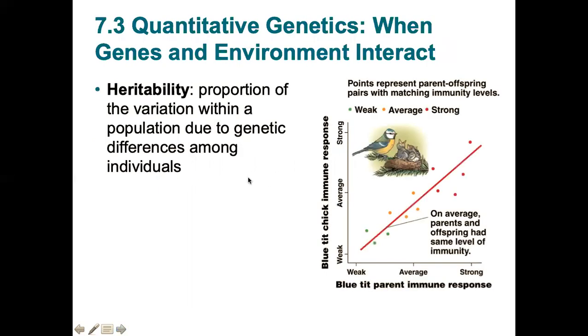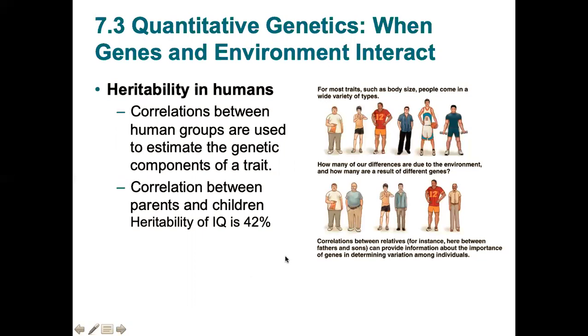Now, heritability. So we're still trying to answer the question, are you smart because your parents are smart? Heritability is what's available in the gene pool. So how likely is it for a particular genetic trait to be passed on to individuals?